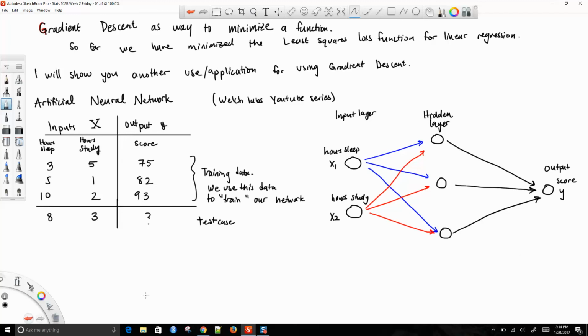And then you have, I don't know if you've heard of things like deep learning, okay? Deep learning, basically you have your inputs and then you might have several hidden layers, and they all kind of interconnect.